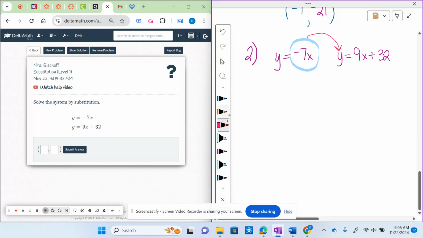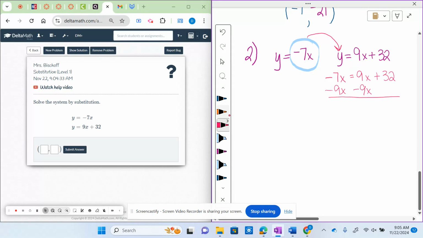Yeah, absolutely. So we're going to rewrite that second equation as negative 7x equals 9x plus 32. So how am I going to get x all by itself? Subtract 9x from both sides.